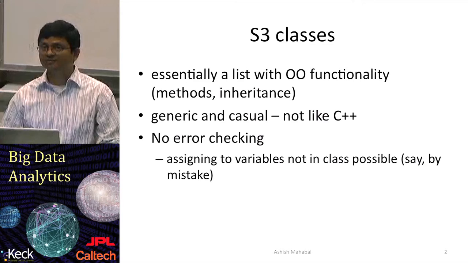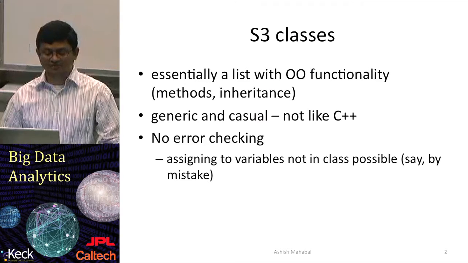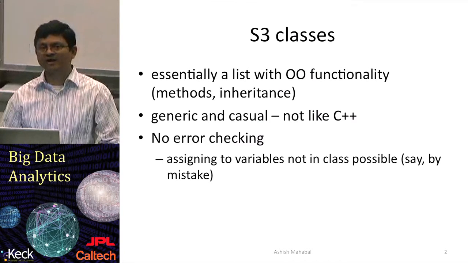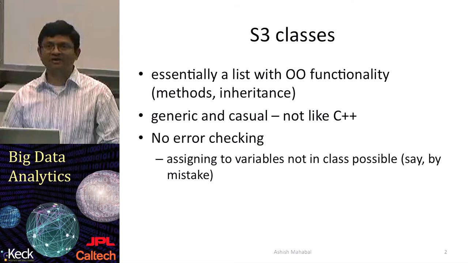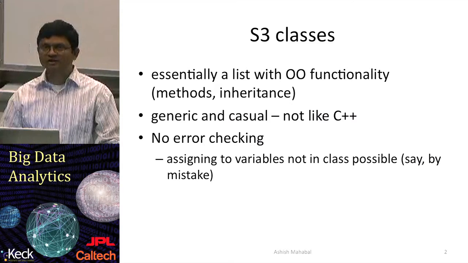In particular, there's no error checking. So if you have certain variables that exist in your class and you make a typo and during some assignment provide a different variable name, it'll happily take that and will not even tell you that that is not what you had first given, etc. So you have to be sure that that is what you'll be wanting.